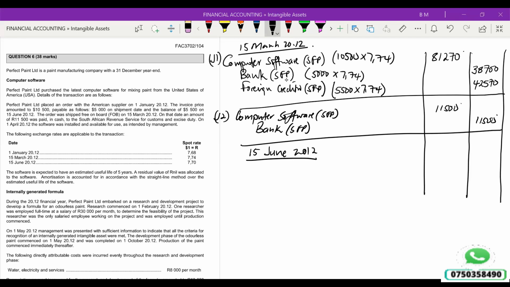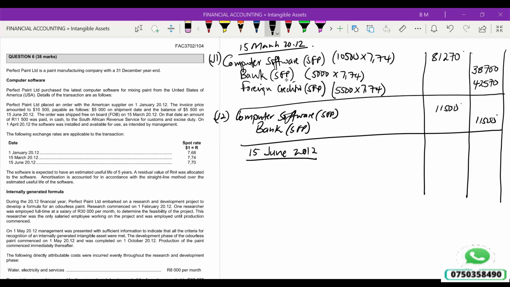You measure the liability on the free on board date, right? So it means that you are debiting and crediting at the same rate. Then secondly, you go back. Remember we said, what comes first, payment or year end? In this case, payment comes first. So if payment comes first, whichever date comes first, you need to remeasure your creditor.